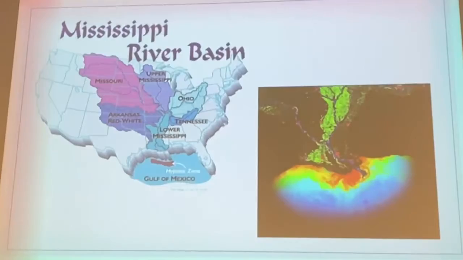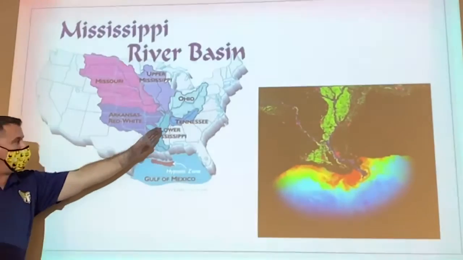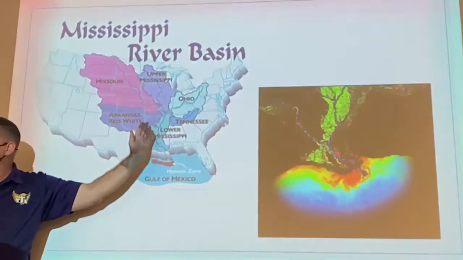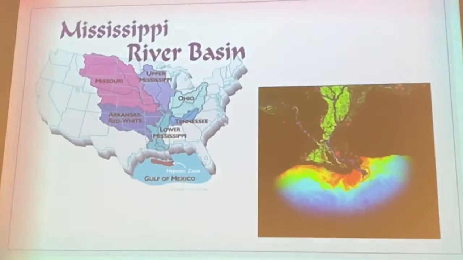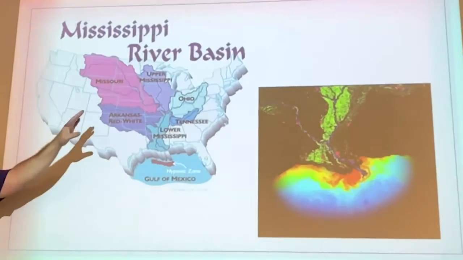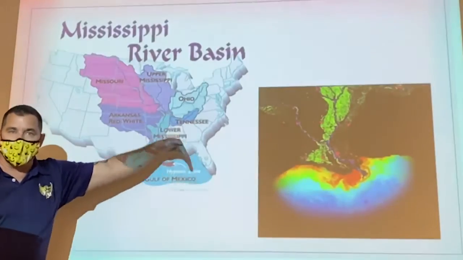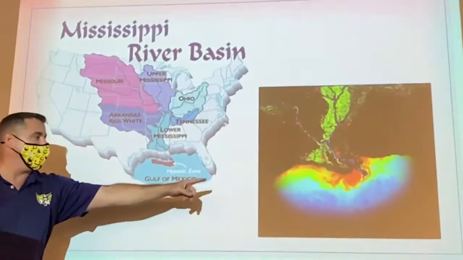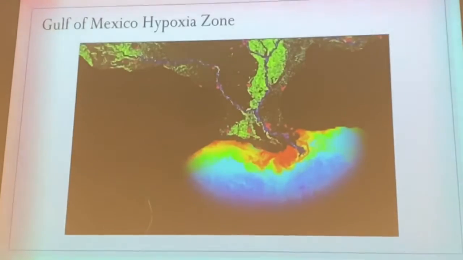In Mississippi, in the Delta here, we kind of get a lot of flak for spreading too much nitrogen because we grow a lot of corn, cotton, and a few other crops, as though we're the bad ones, but this is happening all over the country, and all of this is kind of coming down our chute and then ending up in the Gulf of Mexico. And that's a pretty big issue.